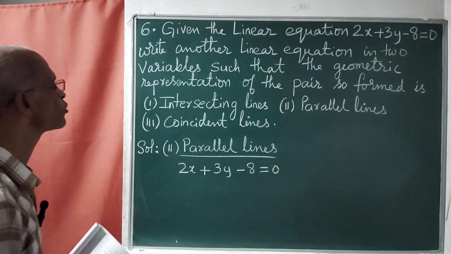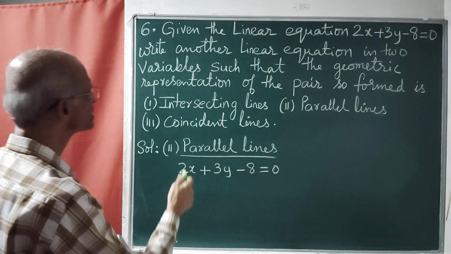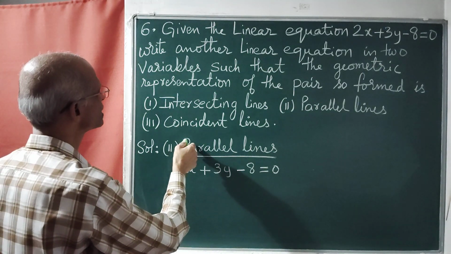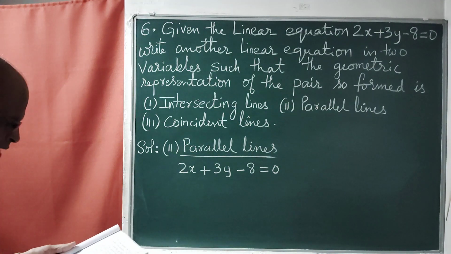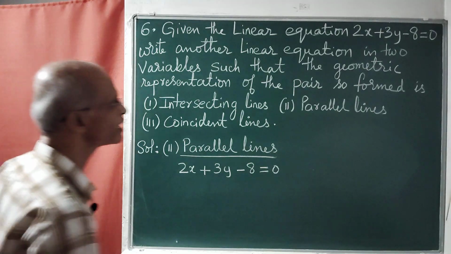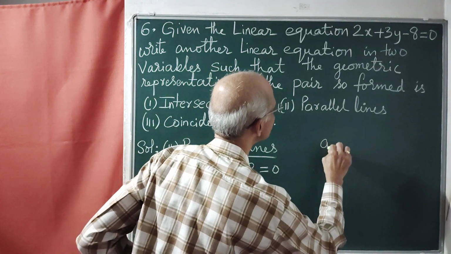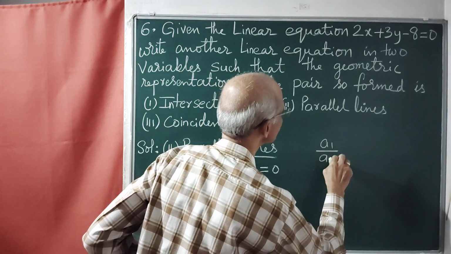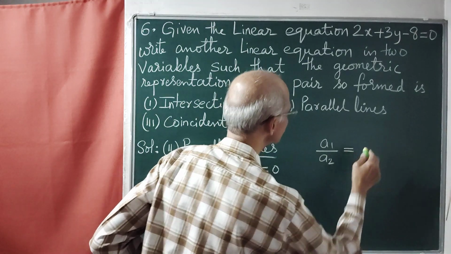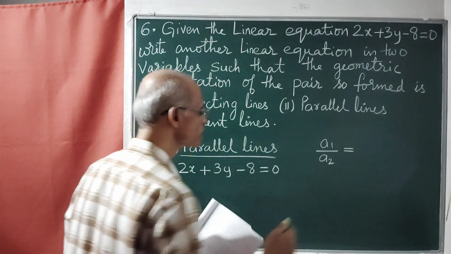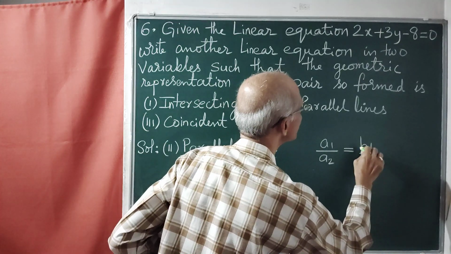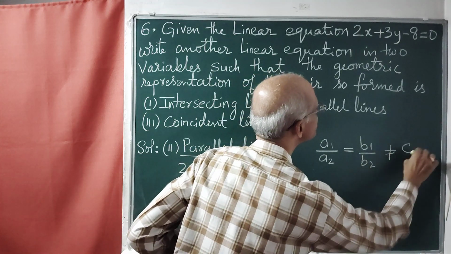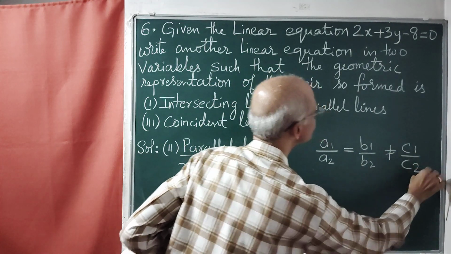Now we have to write one more equation so that this condition is satisfied. For the lines to be parallel, the ratio should be like this: A1 by A2 should be equal to B1 by B2, but it should not be equal to C1 by C2.